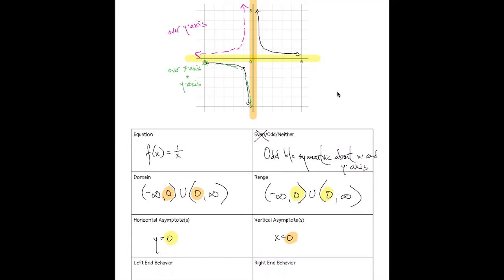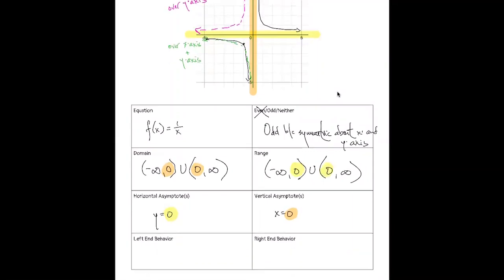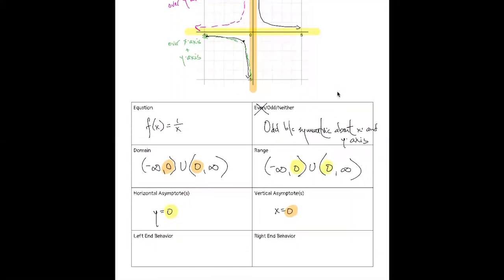Now let's talk about our left and right end behaviors. So when my curve goes all the way to the left, okay, so like this part right here, the y value it's getting close to is 0. Now when I look at the right end, what is that y value getting close to? Well, that's also getting close to 0. And that's actually one of the indicators that we have a horizontal asymptote.